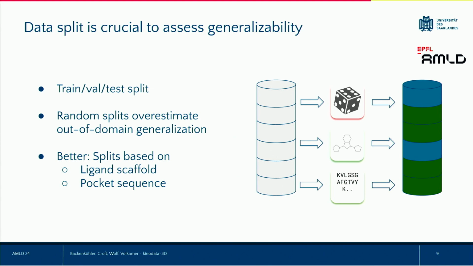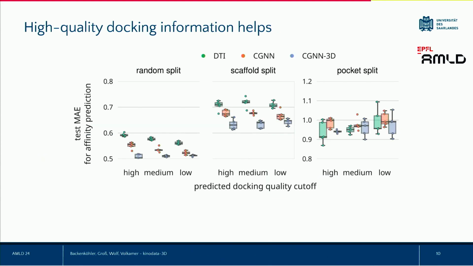So now for the performance. We have here the test MAE for 5-fold cross-validation. On the very left in green, we have the DTI baseline. We have the CGNN, the ablative baseline, in orange in the middle, and in blue, the structural model.